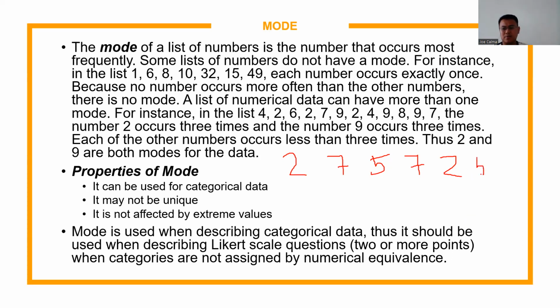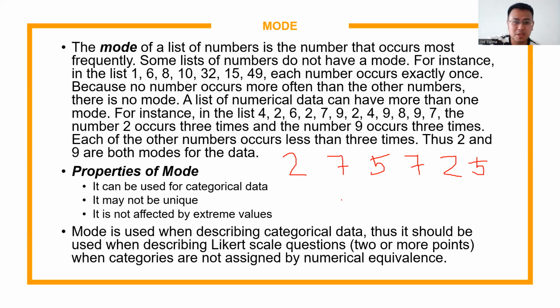Now, what if naglagay tayo ng 5? What is the mode? 2, 5, 7 po. Are you agree? Okay? So, hindi siya 2, 5, 7 noon. The mode is no mode. Wala tayong mode.